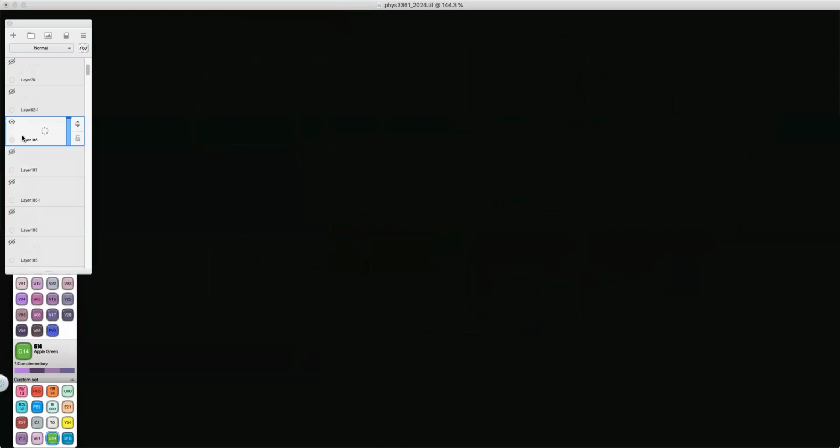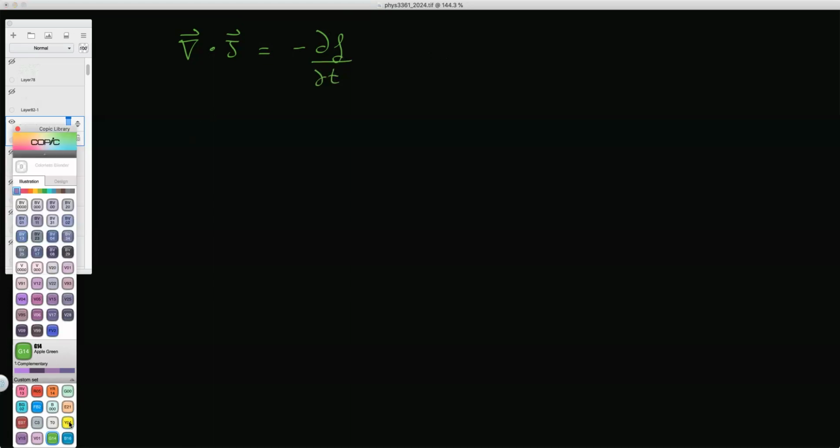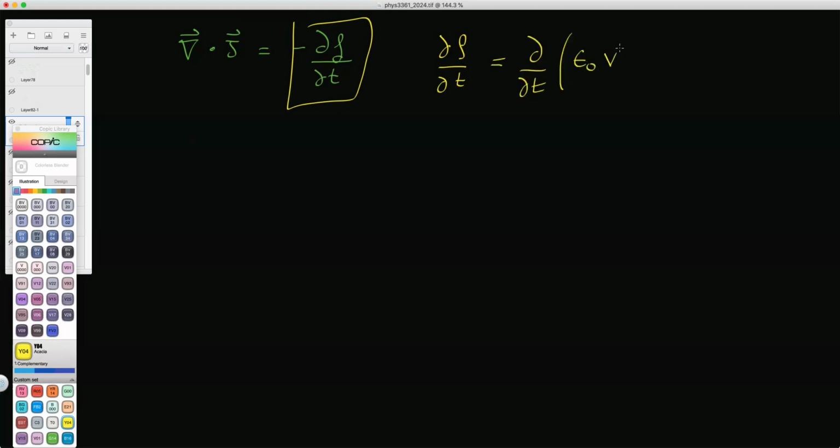Let's recall again that we have del dot J is minus the change in the charge density with time. And remember that partial rho, partial t, is partial t of epsilon naught del dot E from Gauss's law.